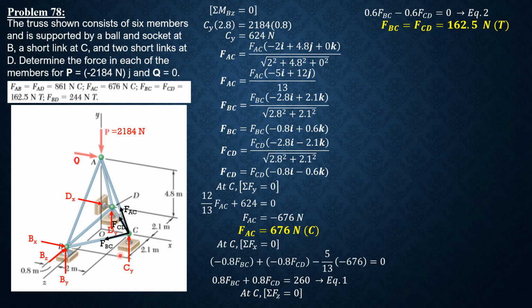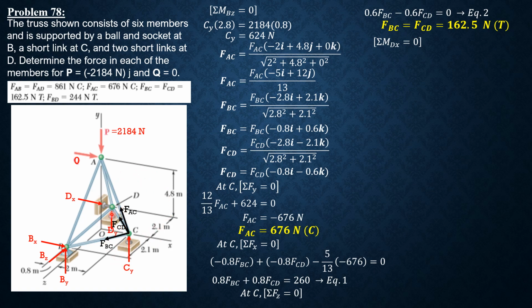So having found these two forces, we compute Dy by summing up moment about dx equals 0. So by right thumb rule, positive moment would be in that direction, in that sense.